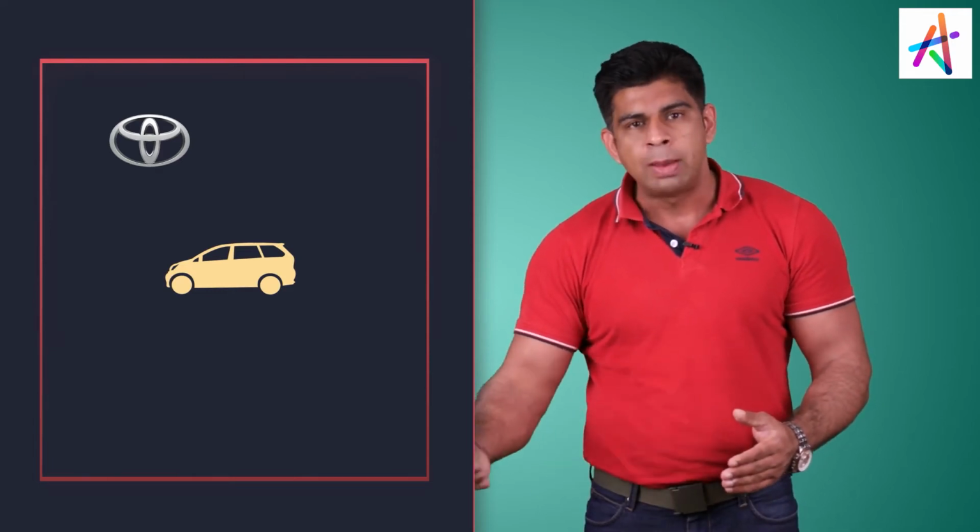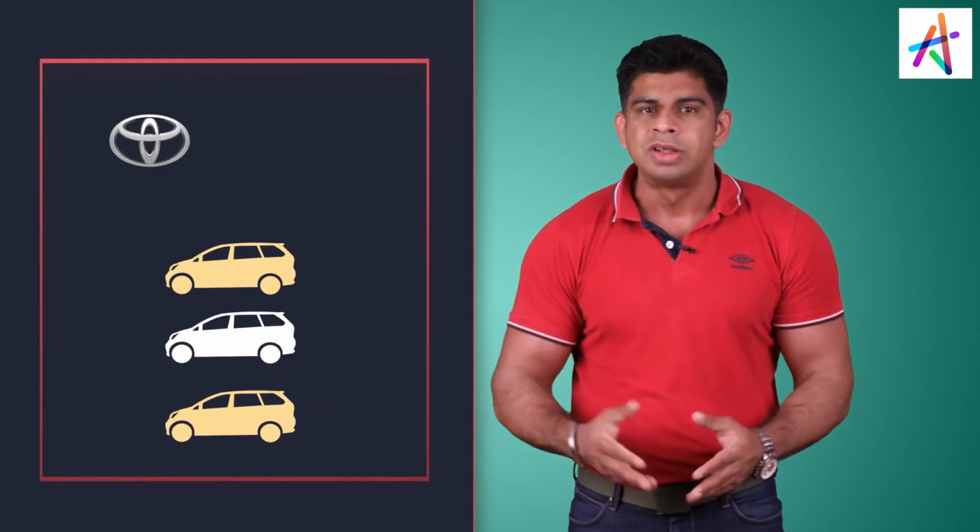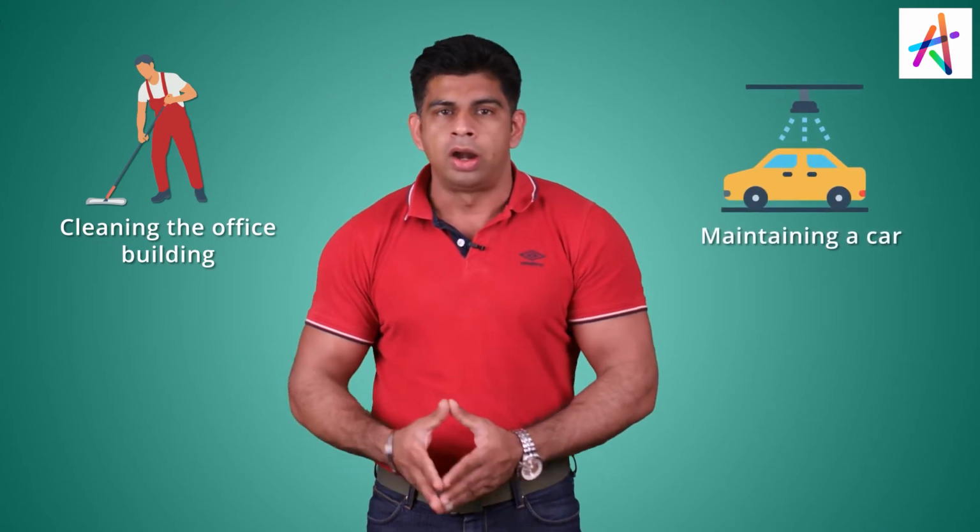Manufacturing the same car again and again for the customers, that's operations. Operations is repetitive task. It's coming up with the same product or a service, delivering that again and again on day-to-day basis. Cleaning your office building, that's operations. Maintaining the car, that's operations. Day-to-day work, that becomes your operations.